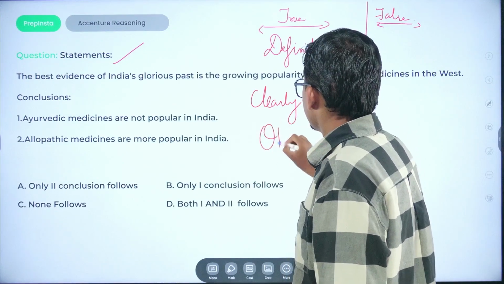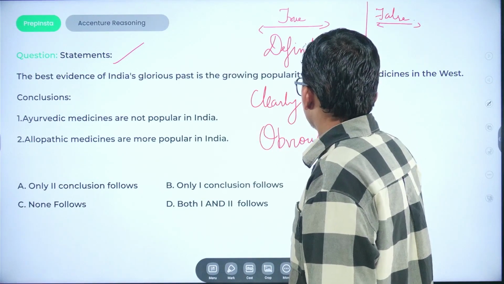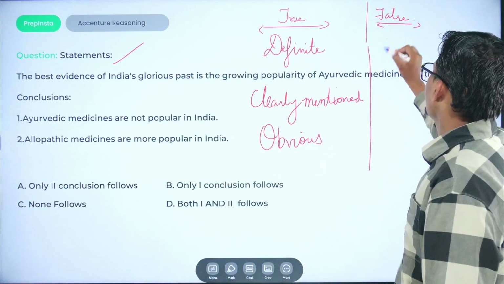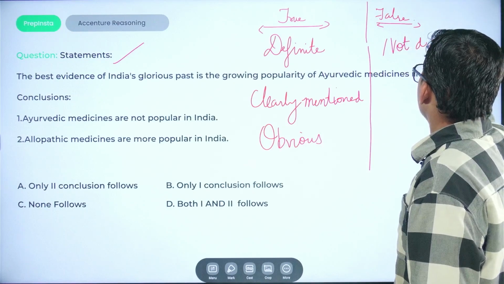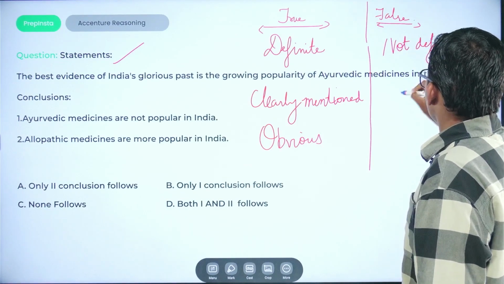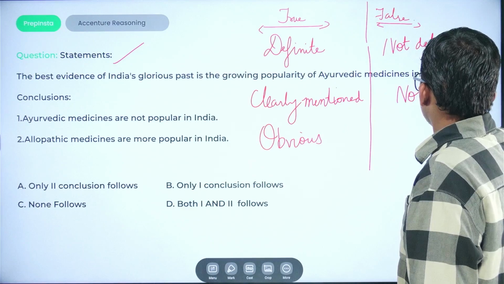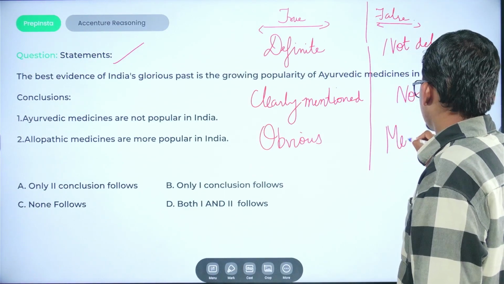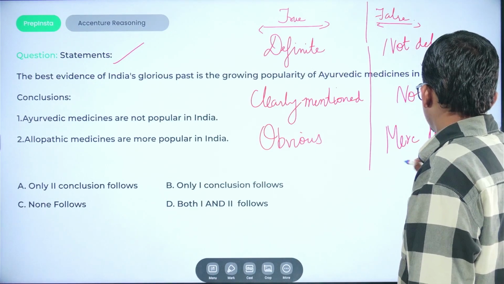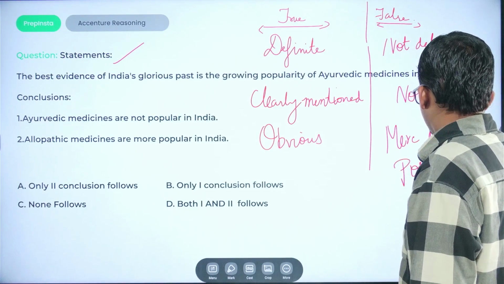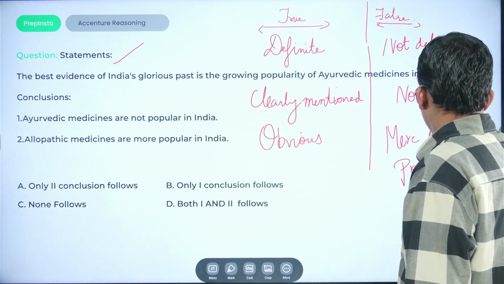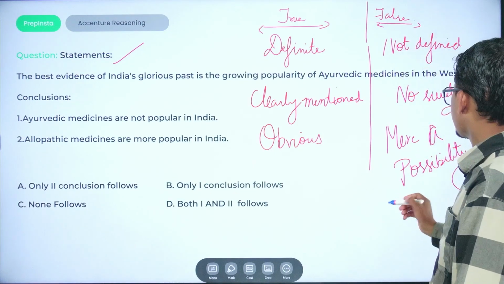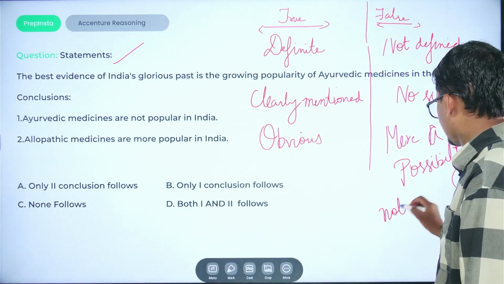Something which is obvious, right? And whatever conclusion is not defined, where no surety is there, and which is merely a possibility, it would be a wrong or false conclusion, or something which is not said. Okay.